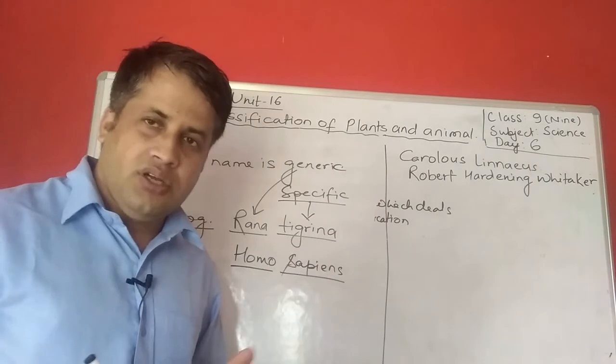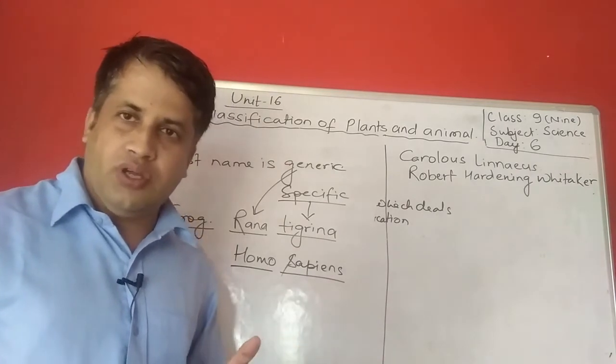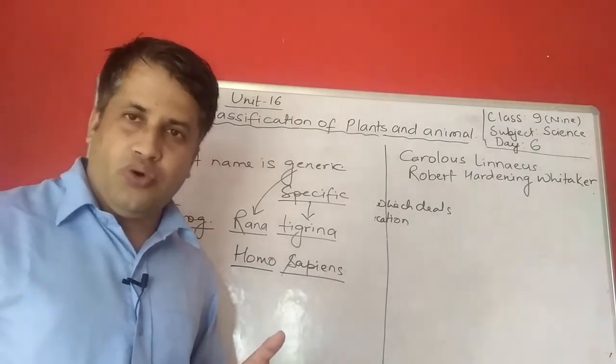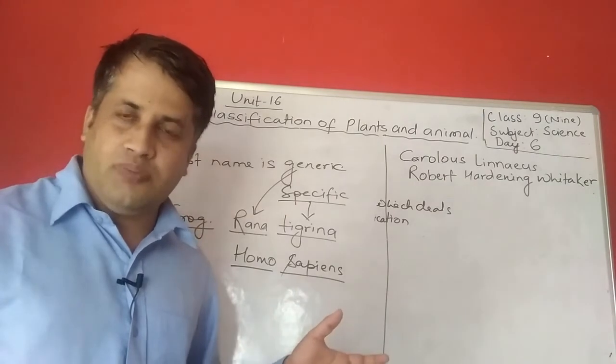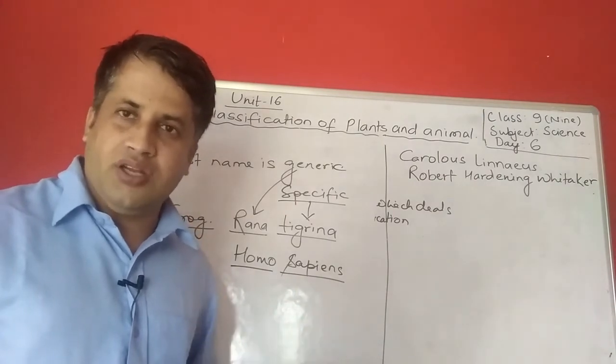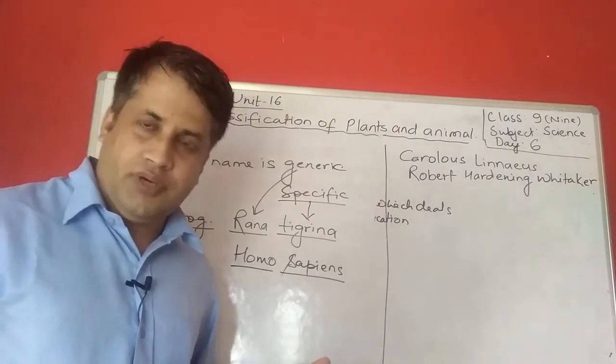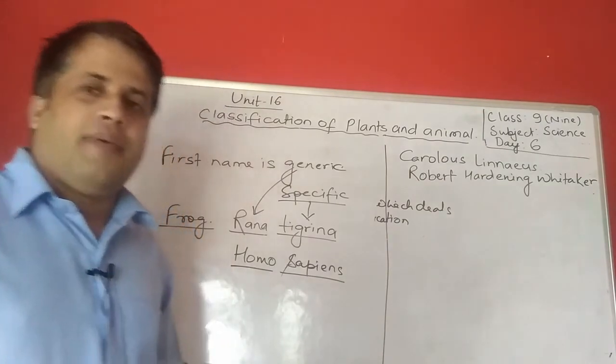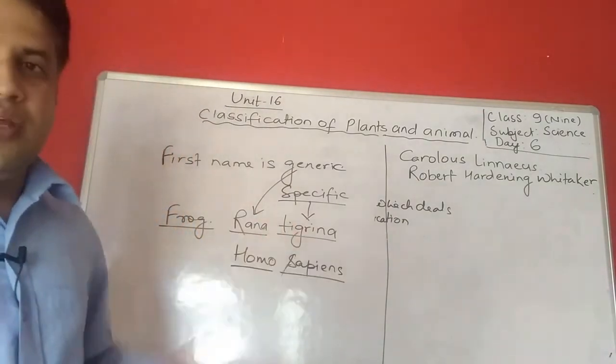Why is it done? To remove the confusion between the names of an organism, because it may be known by one name in one place and by another name in another place. So that is about the naming.